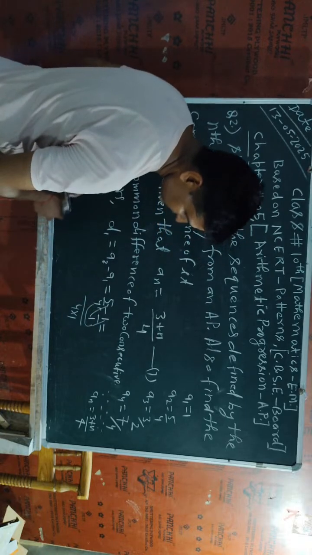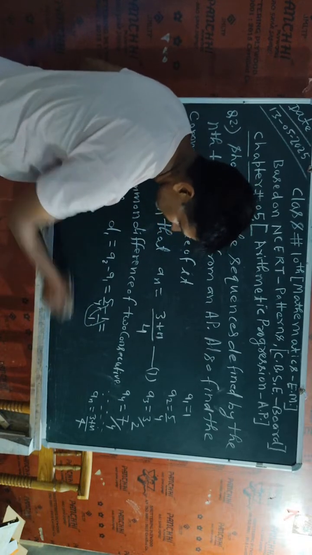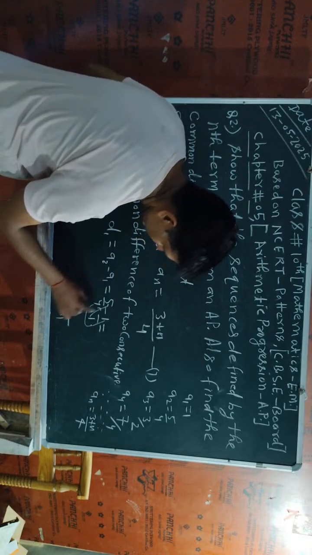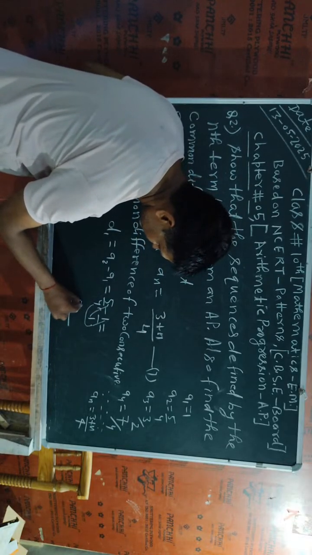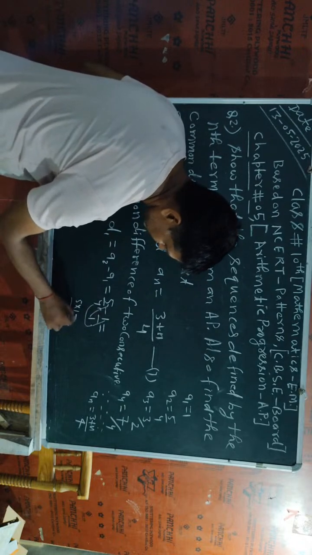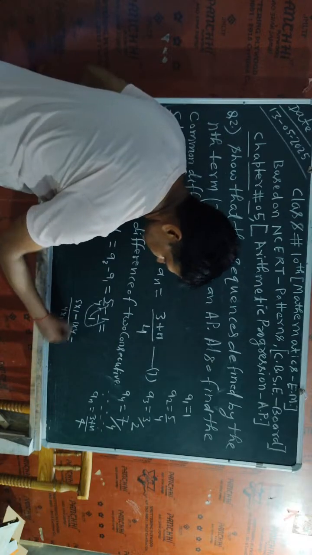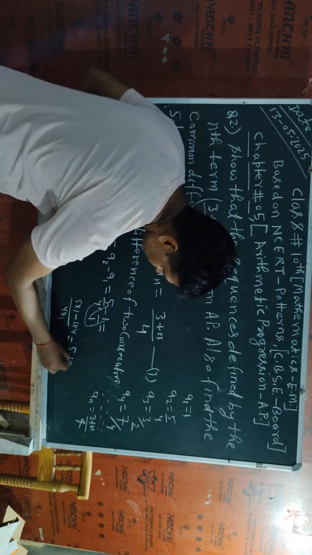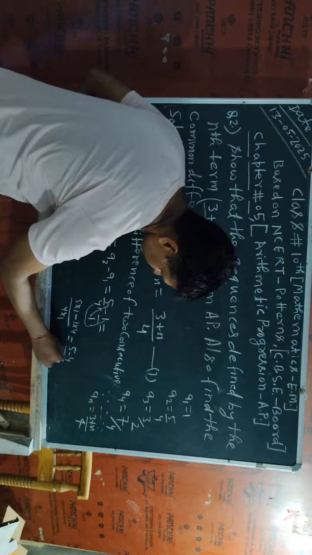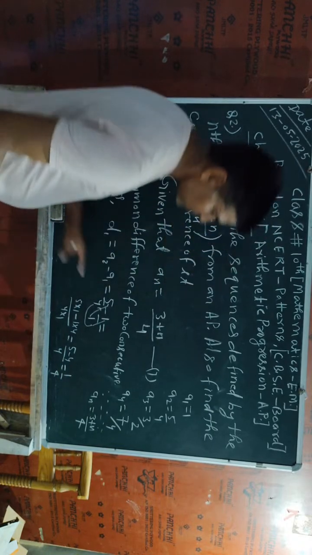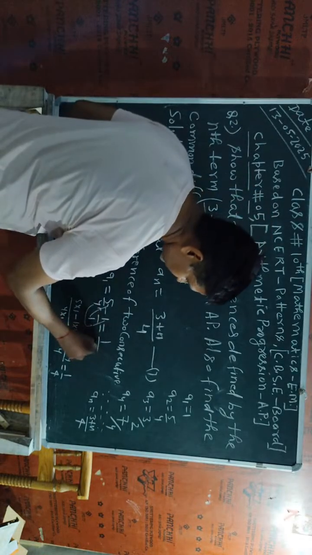After multiplication, I write 5 into 1, and since minus is given, I put minus 1 into 4. After multiplication I will write 5 minus 4 divided by 4, that is 1 divided by 4. So before I have written here 1 divided by 4.